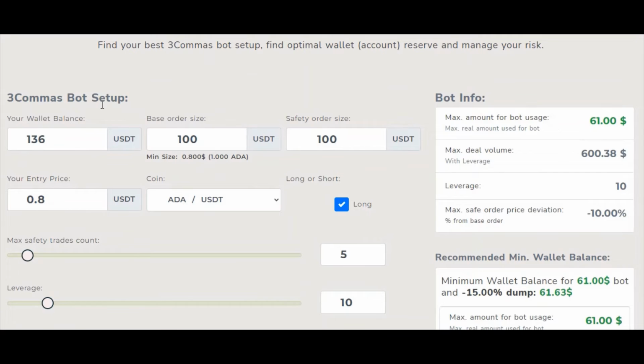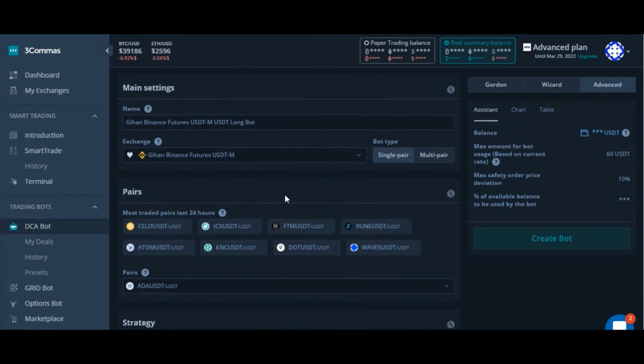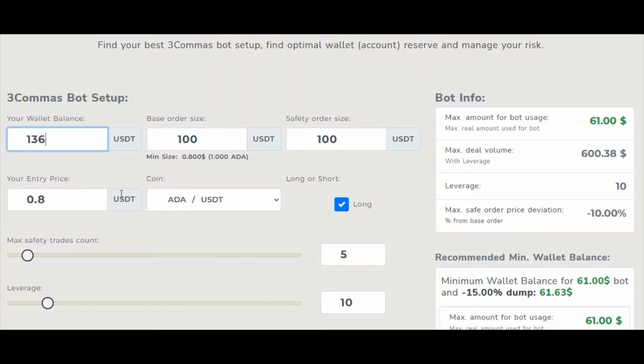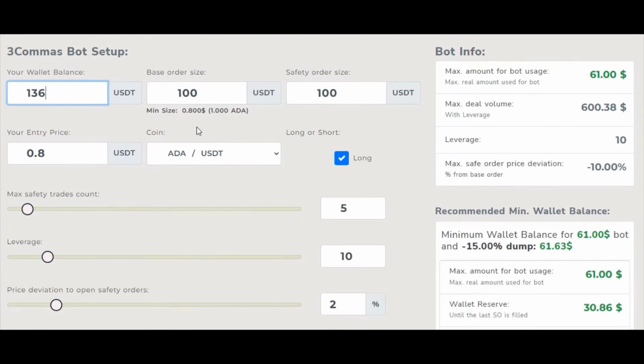And the 3Commas bot setup. I have to put how much I have in my futures account. I just put 136, and the base order, you can remember I put $100 here. Base order size $100, and the safety order also I put $100, right?